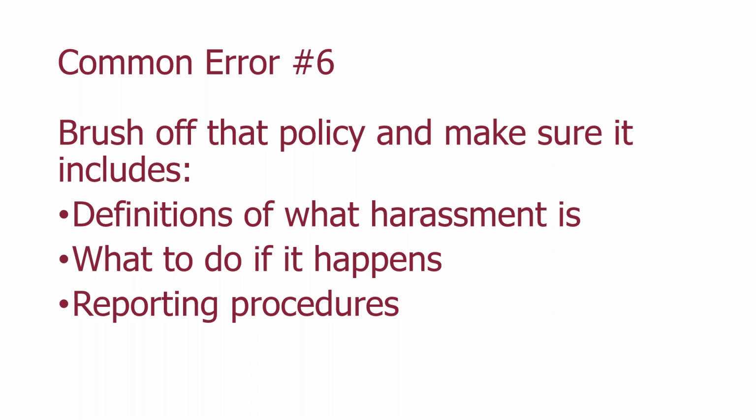Describing the procedure that an employee has to follow to report an incident of harassment. I talked about this in the beginning, but include the specific person to whom an employee should report the harassment, and then an alternate person if that first designated person is the alleged harasser.